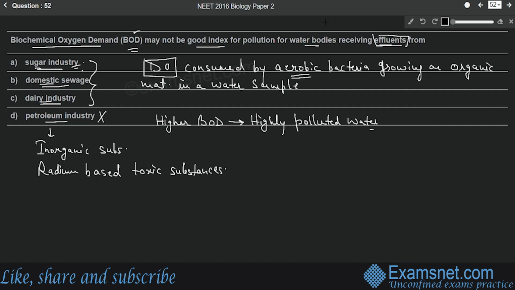So this is not going to favor the algal or plankton growth, and therefore it will not have any effect on the biochemical oxygen demand. So no effect on BOD. Therefore, for petroleum industry, BOD is not a good index for pollution. So option D is the correct answer.